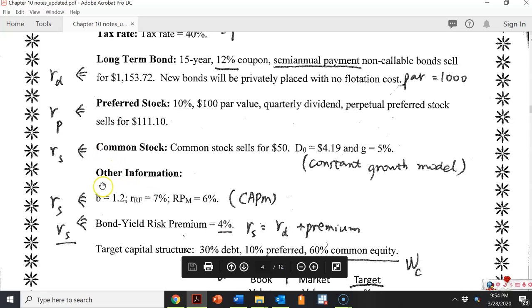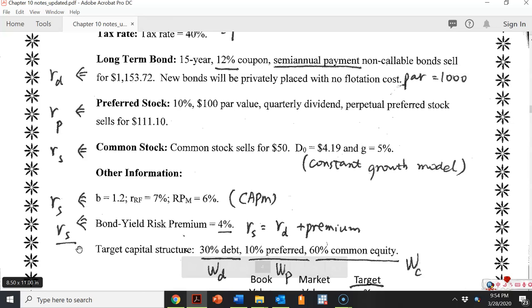So we have three ways of calculating cost of common equity. We can use the constant growth model or the CAPM model. We can also use the bond return plus the bond yield risk premium to get the stock return. We're going to use all three ways to calculate stock return, or cost of common equity.